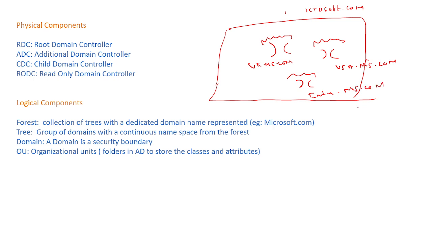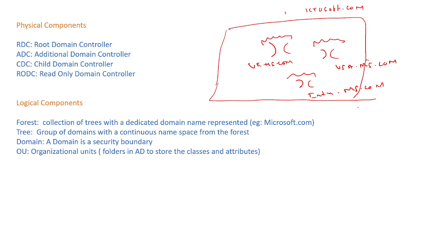These domains, UK, USA, and India, all together we call a forest, and the forest name is Microsoft.com because they have a continuous and dedicated namespace. If you look at the forest definition, it is a collection of trees with a dedicated domain namespace.